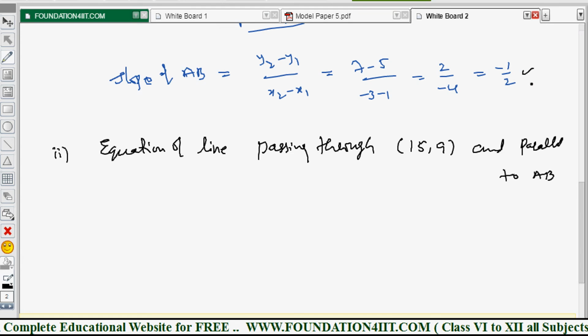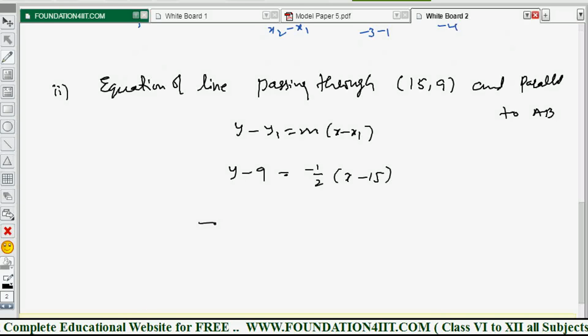So the AB slope is already minus 1 by 2. We apply the formula y minus y1 equals m into x minus x1. So y minus 9 equals minus 1 by 2 into x minus 15. From this, by simplification, we finally get x plus 2y minus 33 equal to 0. This is the equation of this line.